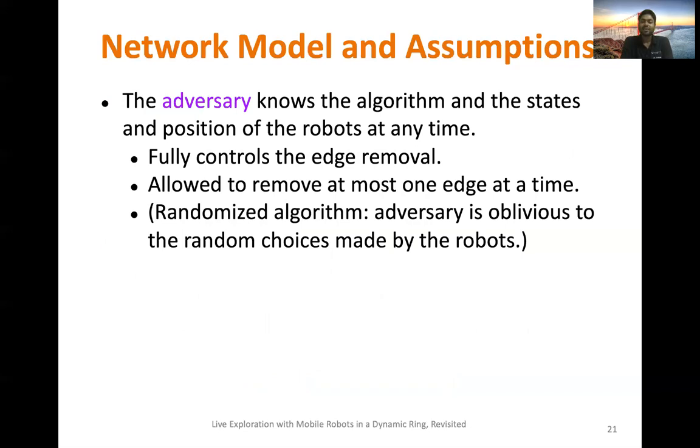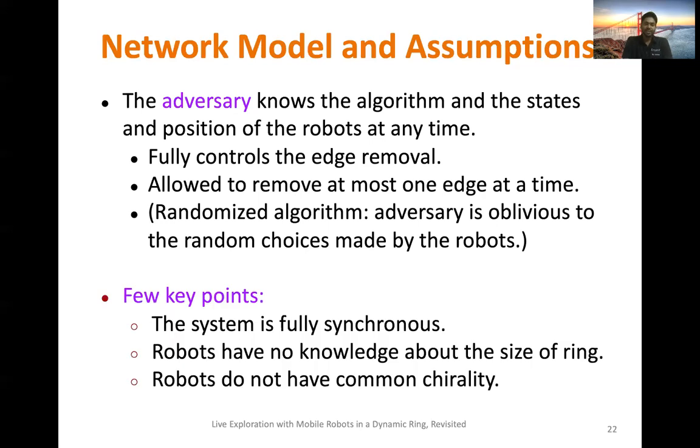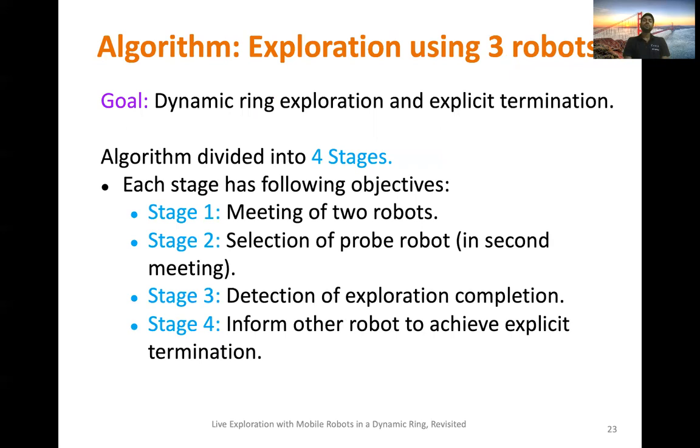For the randomized algorithm, we assume that the adversary is oblivious to the random choices made by the robots. The protocol I am going to discuss is fully synchronous, robots have no knowledge of the ring size, and robots do not have common chirality. Our goal is to explore this dynamic ring and achieve explicit termination.